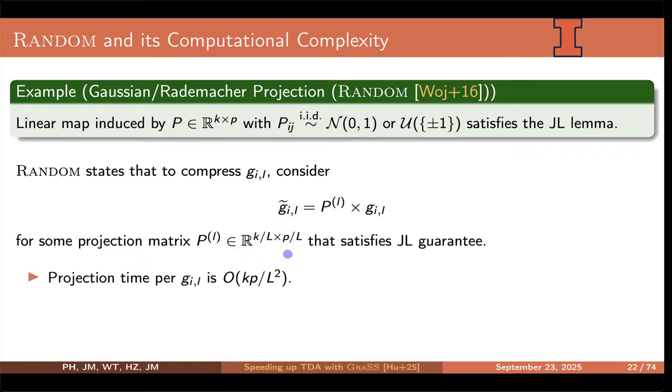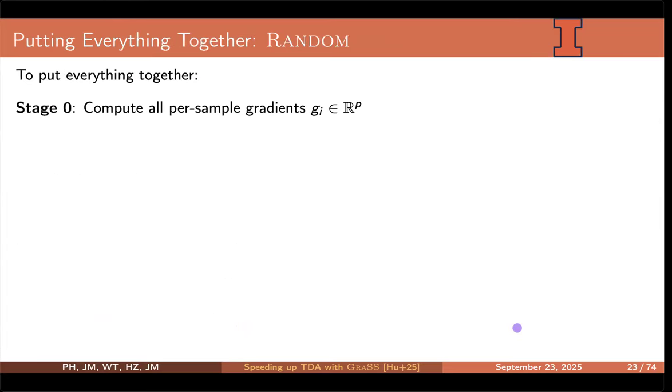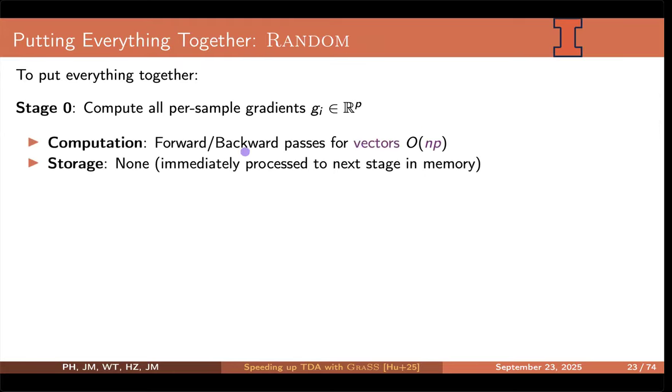So with this notation, or with this understanding, we see that projection time per g_i^l is literally just matrix-vector multiplication, which takes kp over L squared, right? So in total, if we consider all data points, which is n data points, and all layers, which is L layers, random, which is this method of just dense matrix projection, takes npk over L. So if you put everything together, in stage 0 we're going to first compute the per-sample gradients, which is O(np) computation.